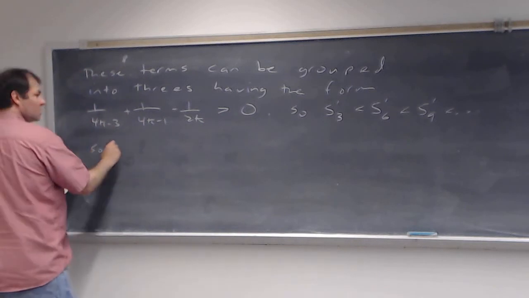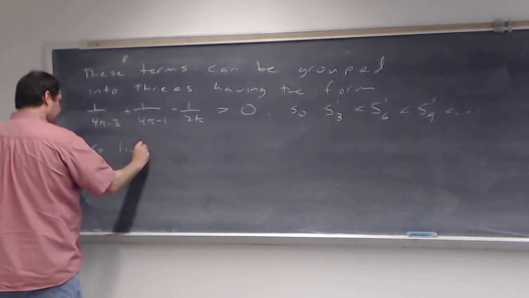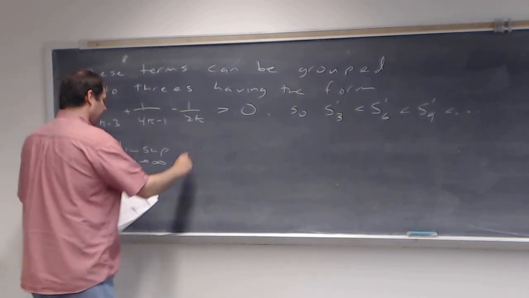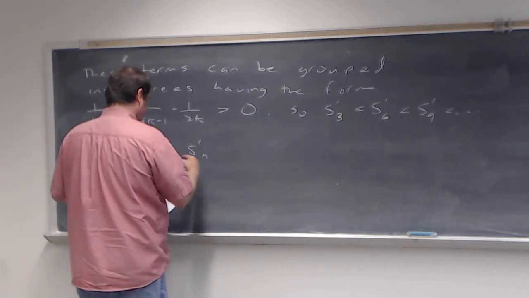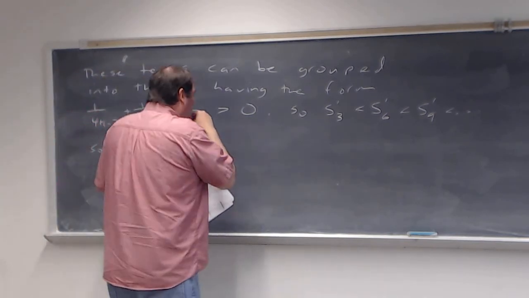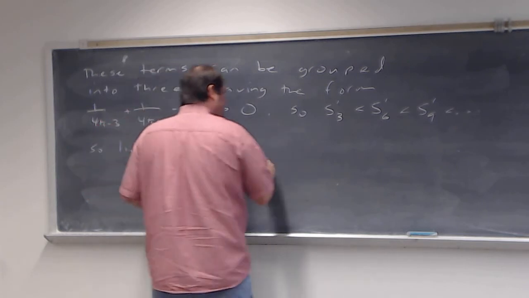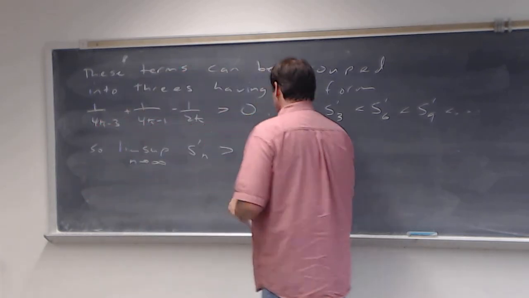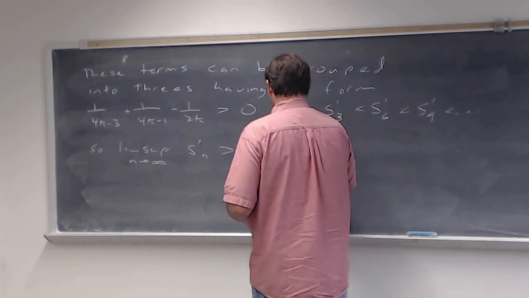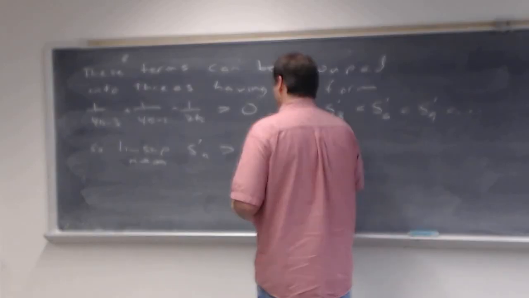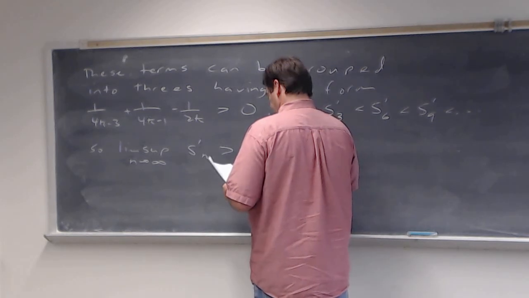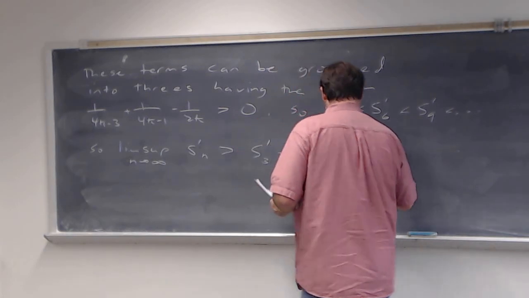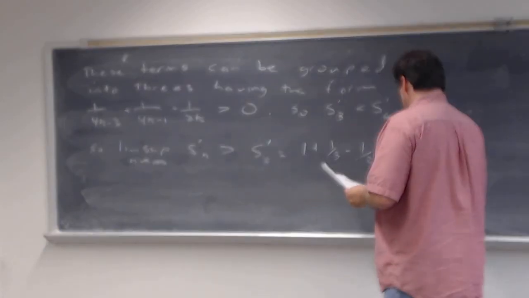So what we get is that the lim sup of the S prime sub n, we know this exists, has got to be bigger than just S prime sub 3, which is just the first 3 terms. That is 1 plus 1/3 minus 1/2, and that's equal to 5/6.